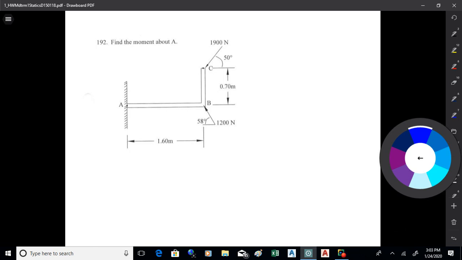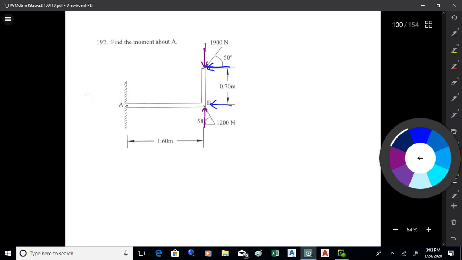Here you're going to break these things up into components, so they'll look something like that. You just do the trig and multiply by the moment arms.